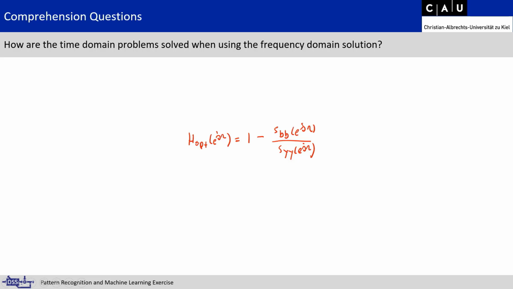But for none of them is a matrix inversion necessary, so we got rid of that inconvenience. You also see that neither of the quantities requires access to the desired signal. And for both PSDs that we need here, there exist methods to estimate them. Consequently, the frequency domain solution is the better choice for practical applications because we don't need access to the desired signal and we have methods to estimate all the quantities that we need.